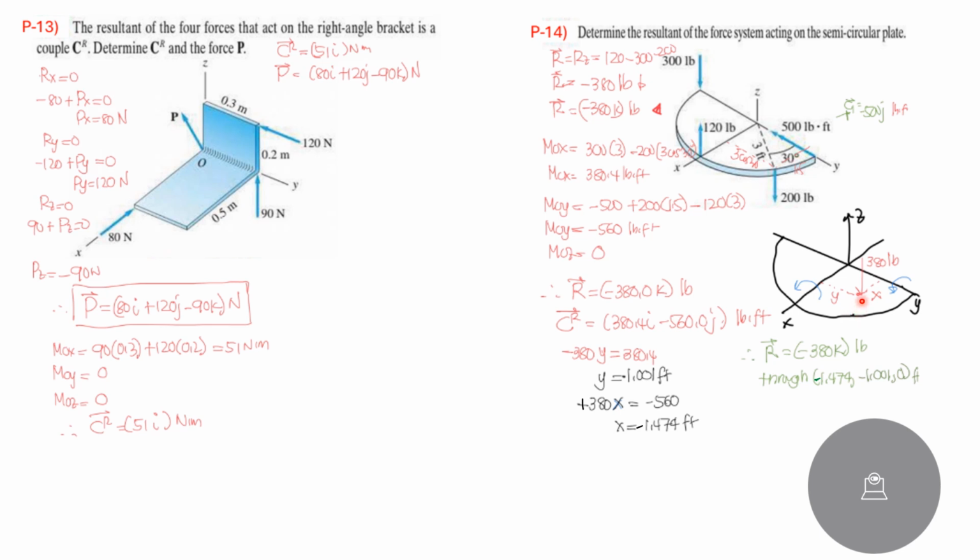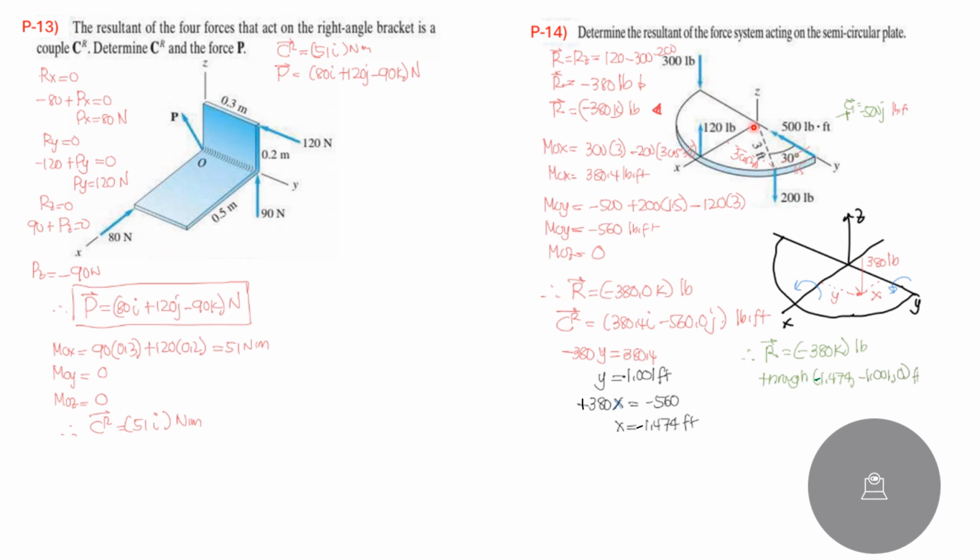So I assume that it acts here with x coordinate positive and y coordinate positive. That's the positive sense of moment about x. This is the positive sense of moment about y. So MOX, the moment about the x-axis, this is positive 300 times radius 3 feet.